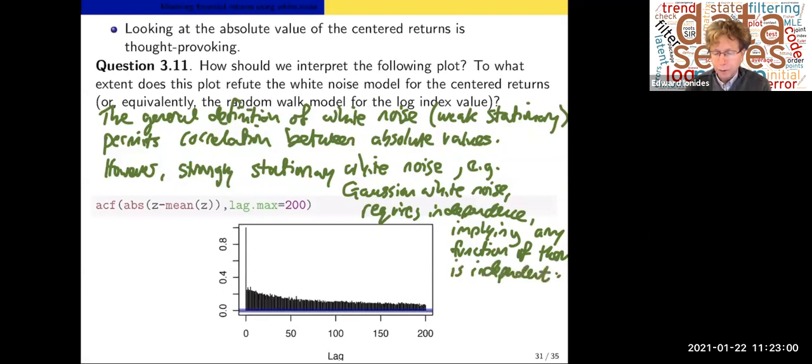And this is refuted by this plot. So there you go. There's more subtlety to modeling the S&P 500 index than just a Gaussian white noise model.